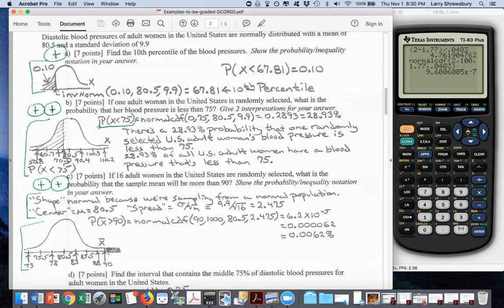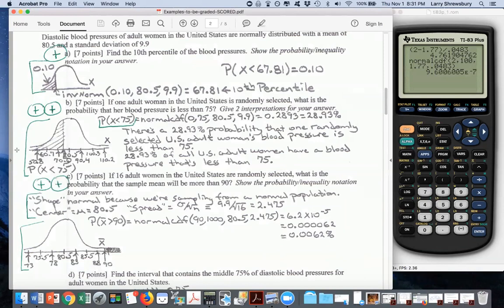So I'm definitely going to give them a plus for that. Oh, they showed the probability inequality notation, and I didn't even ask for it. I'm going to give them a plus for that. So they got a couple pluses here. Now they're showing their work. Always valuable to do that because if anything goes awry, this is the only way you're going to get partial credit. No partial credit for people who don't show their work. So you can see from their little sketch, they can clearly see the upper bound is 75.